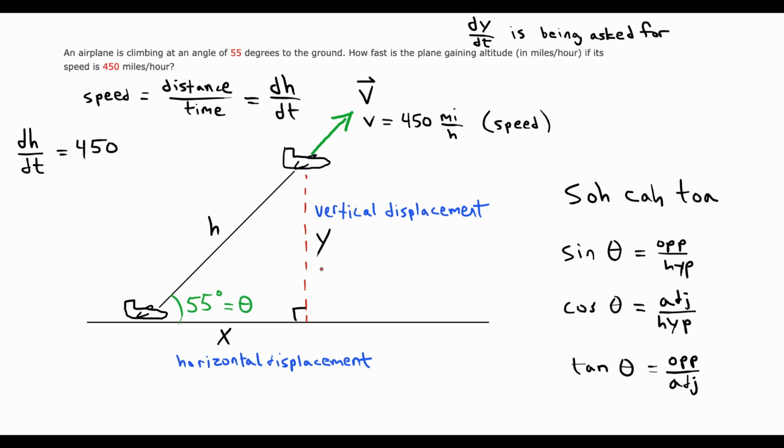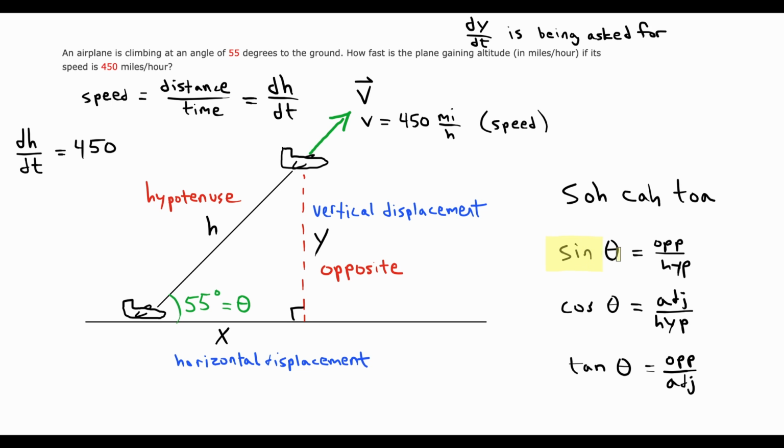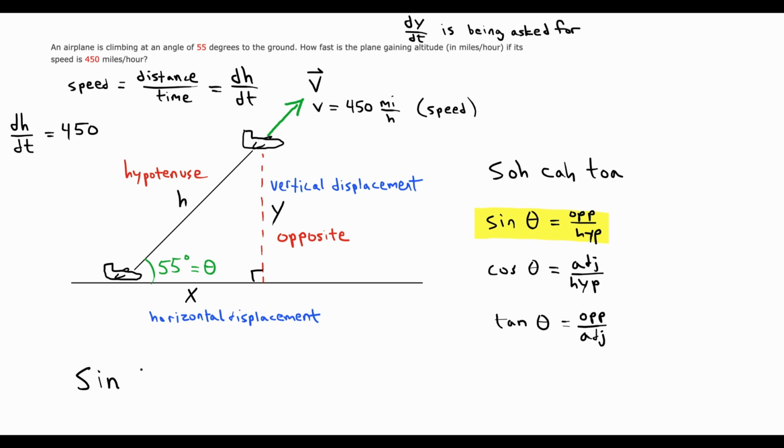We're looking for a relationship between the opposite leg and the hypotenuse. So what's their relationship according to trigonometry? We could use sine. Let's say the sine of theta is going to equal y over h.